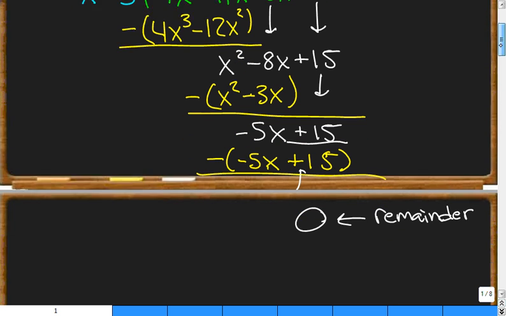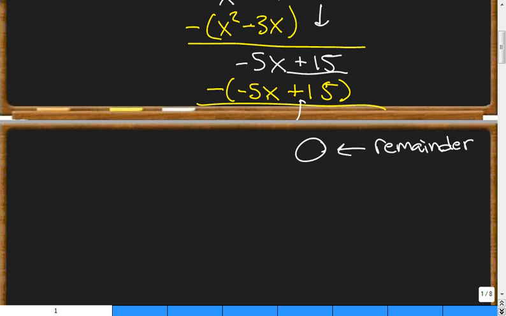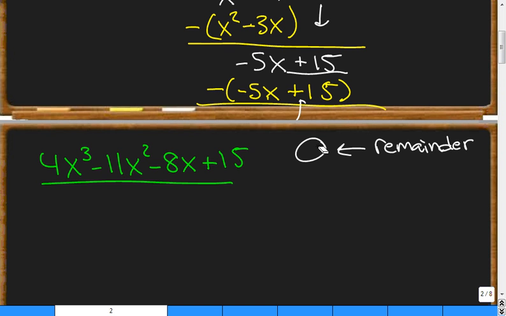So it can be said that 4x cubed minus 11x squared minus 8x plus 15 divided by x minus 3 equals 4x squared plus x minus 5.